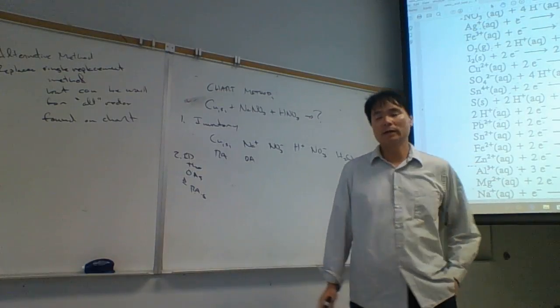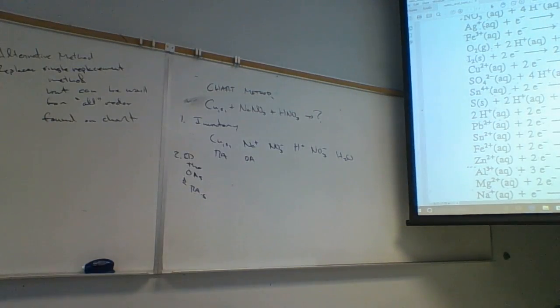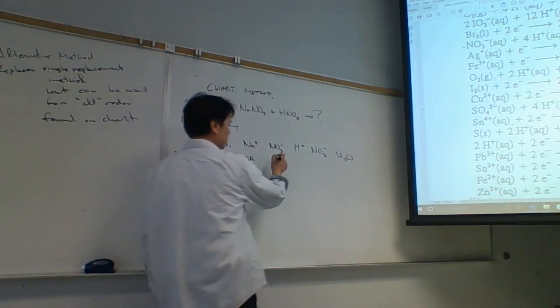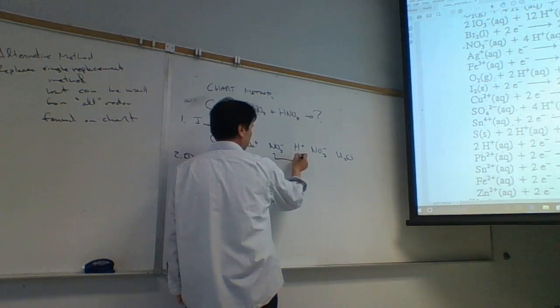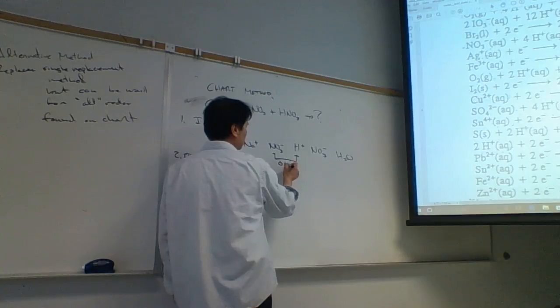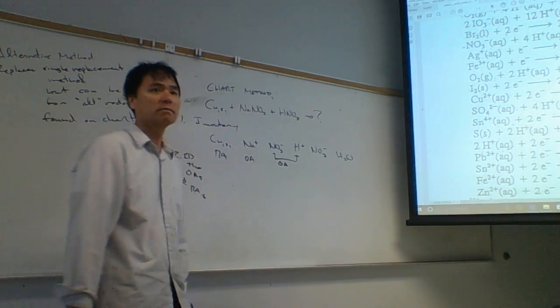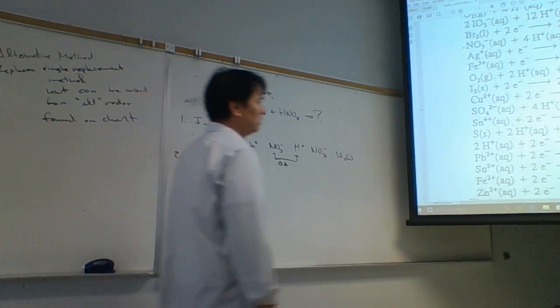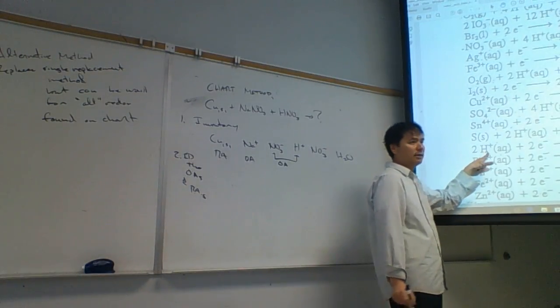Nitrate's an oxidizer, but I also need something to help that nitrate, which is nitrate and H+. And now it's a 1:4 ratio, but I can always change the ratios later. And so this is an oxidizer, nitrate and H+. Then I have H+ alone. H+ alone is also an oxidizer. H+ doesn't need any nitrate.